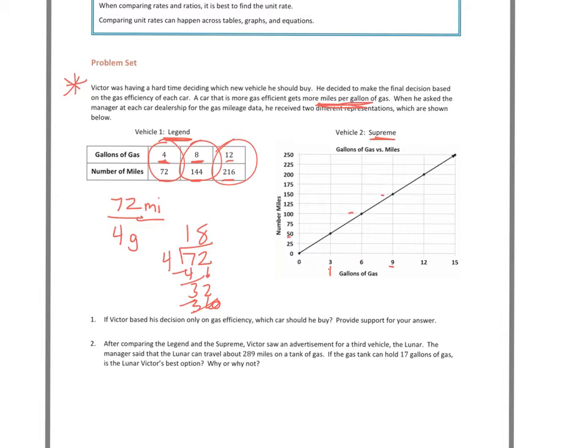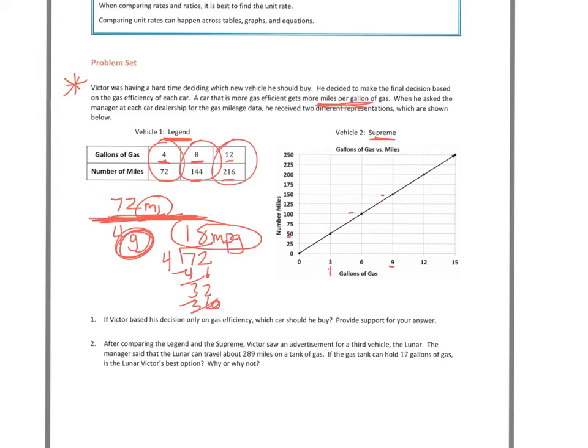And now I need my units, miles per gallon. And that's the way we write it. It always comes the top unit first, then the word per for this fraction bar, and then G for gallon afterwards. So MPG. So Legend has gas efficiency of 18 miles per gallon.